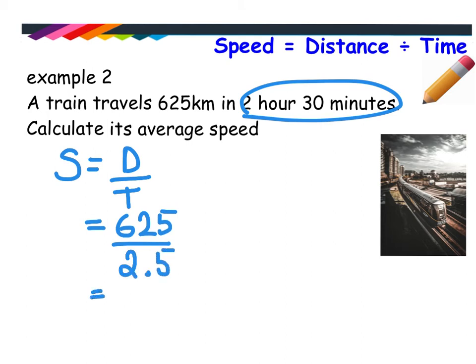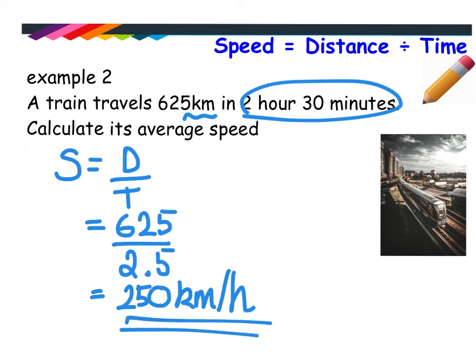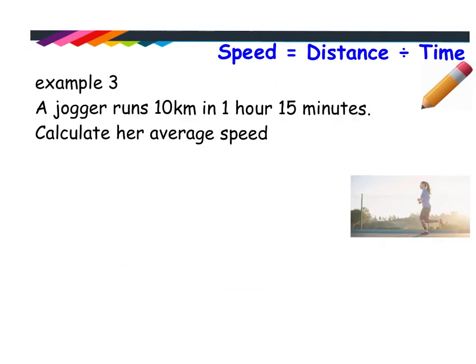And then you'll have a calculator for this one and you'll just type it in, which gives you 250. Now, the units for your speed, if you go back to your distance, it was kilometres. And our time was in hours, so it's kilometres per hour, km/h. And that's generally what I think some of my pupils find tricky, is deciding what the units are at the end. So always look back at your distance for that, okay?